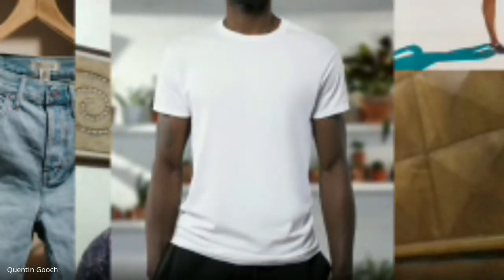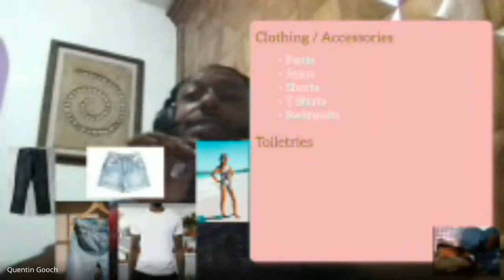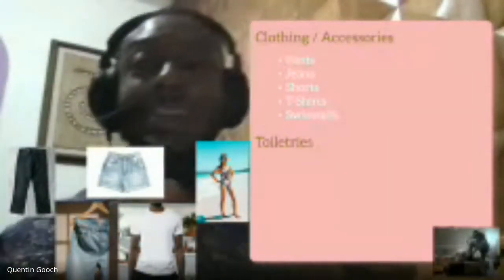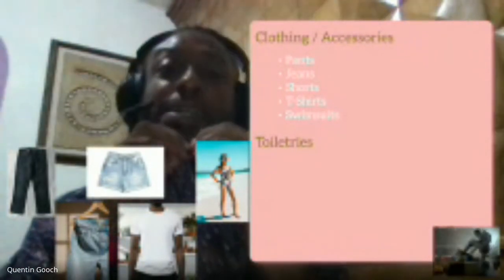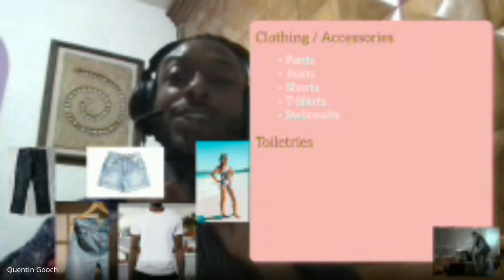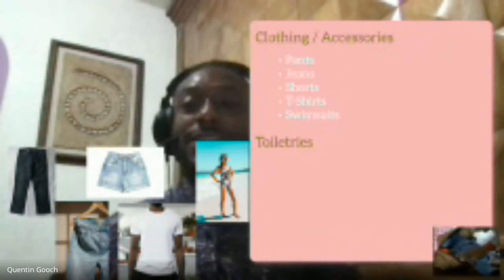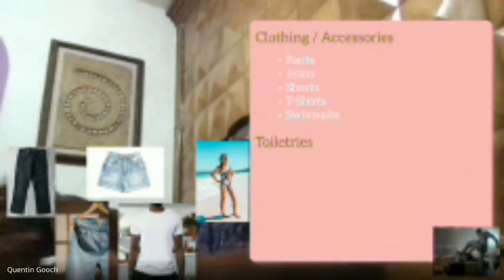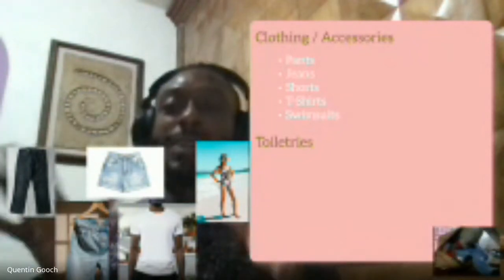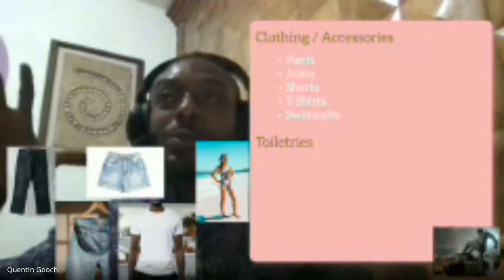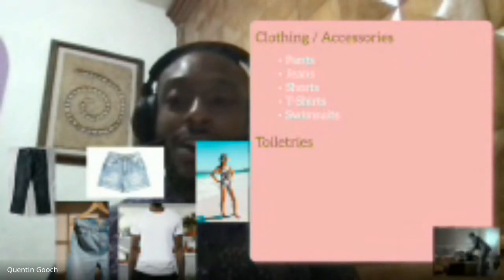My shirt has buttons, so this is not a t-shirt. And usually it's not a t-shirt either if it's long sleeved. Now we do have long sleeve t-shirts, but in most cases t-shirts are like this.